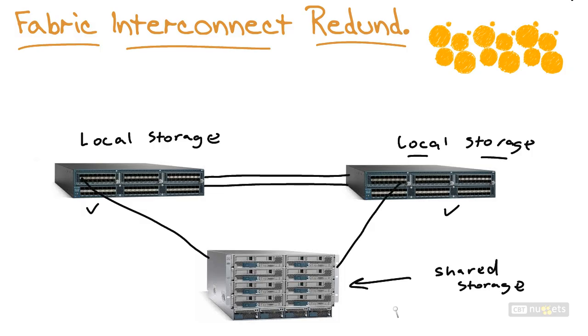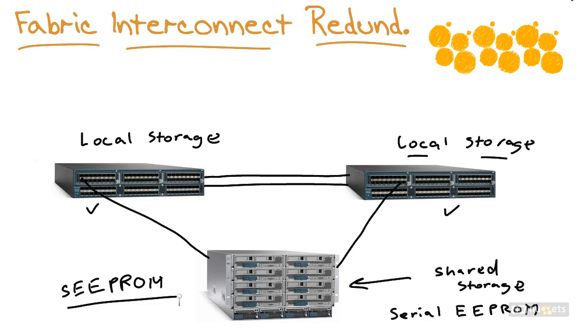Technically, this storage is in the form of serial EEPROM. So you'll often see this abbreviated by Cisco as CPROM. So this is our storage that is shared from a perspective of those Fabric Interconnects.